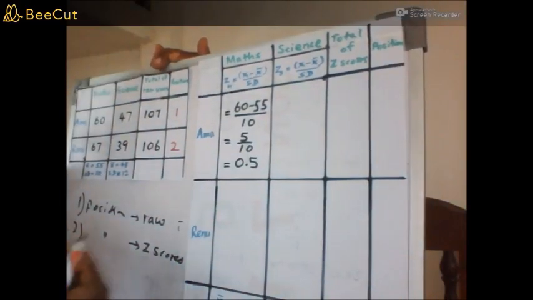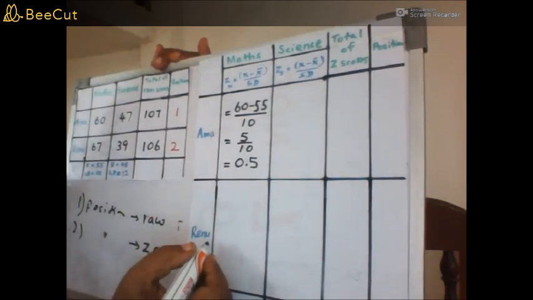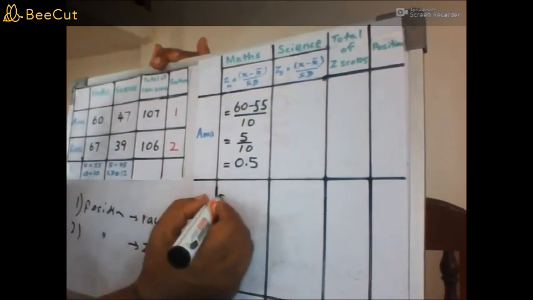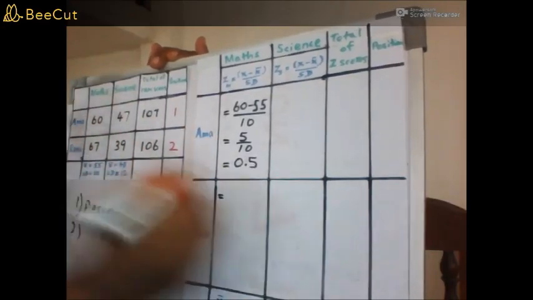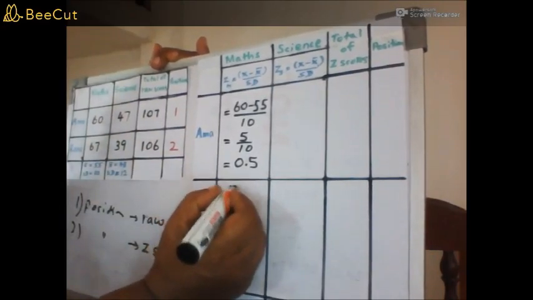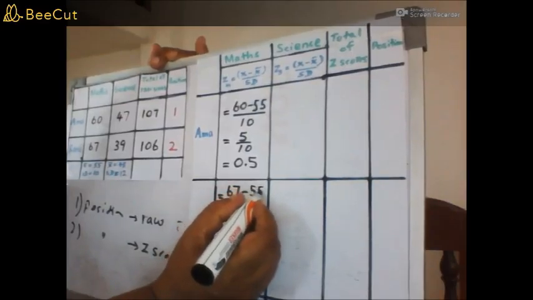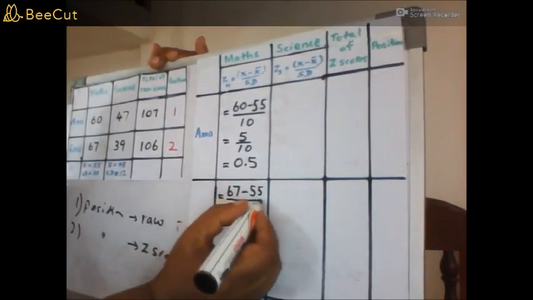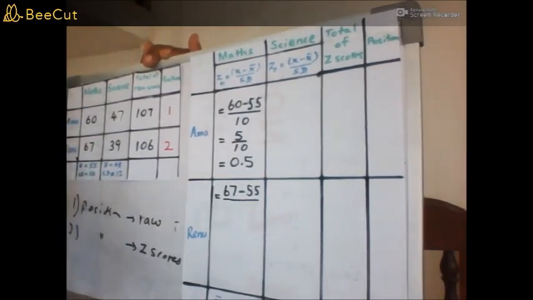Okay. And we'll calculate Ama's science, this one, Renu's maths mark, right? So X, Renu's maths mark, Renu 67. 67 minus 55, same, right? 55. Why? We are dealing with the maths mark, so it's 55.